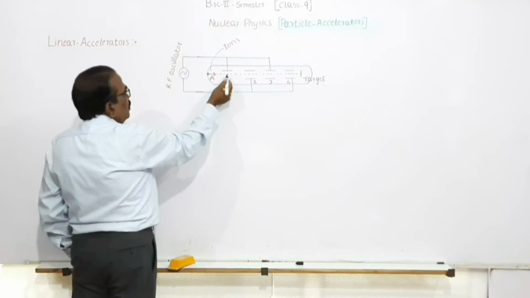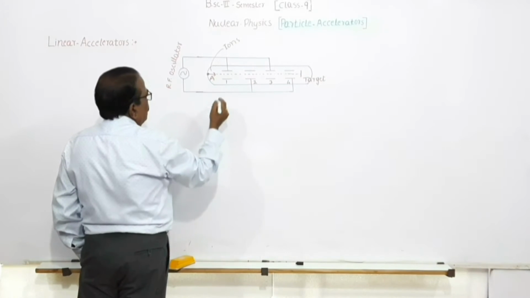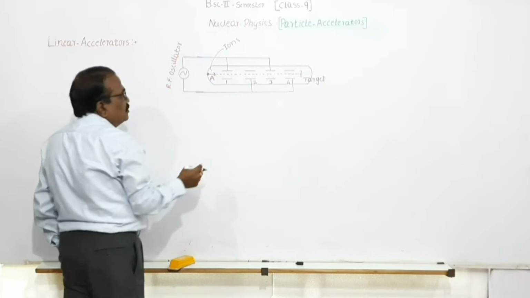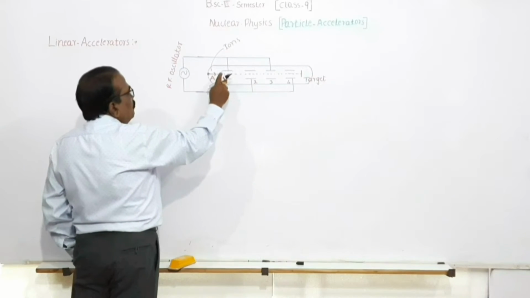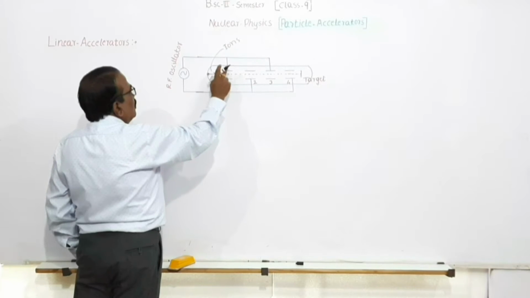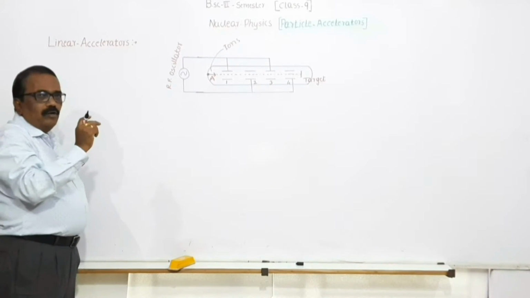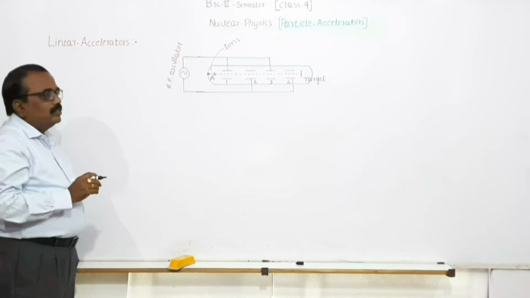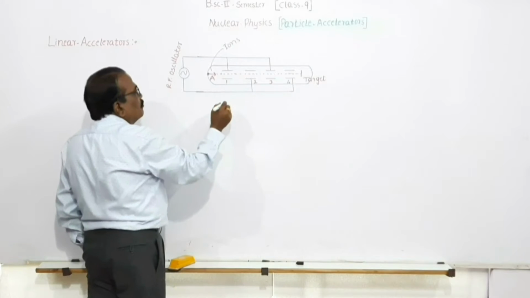So if they are negative, the positive ion is attracted, means it is accelerated. So in the tube between these electrodes, the ion travels with constant velocity from this end to this end.